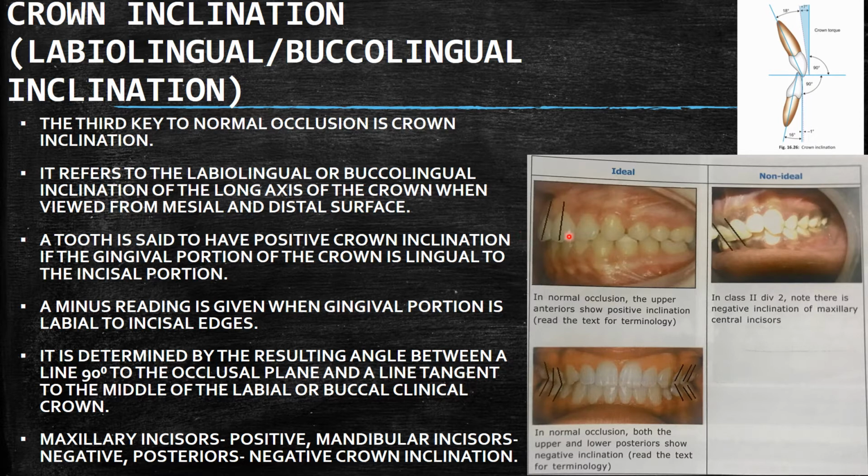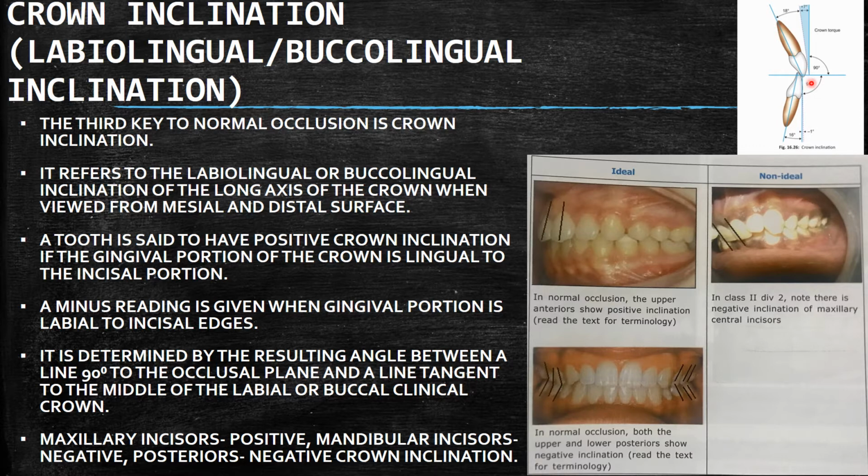And to maintain that proper overjet and overbite, you should have this crown inclination. It is determined by the resulting angle between a line 90 degrees to the occlusal plane and a line which is tangent to the middle of the labial or the buccal clinical crown.